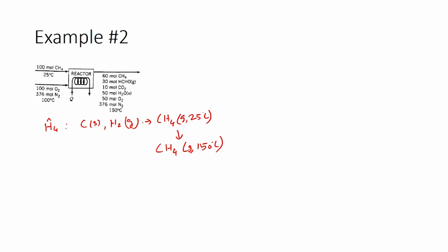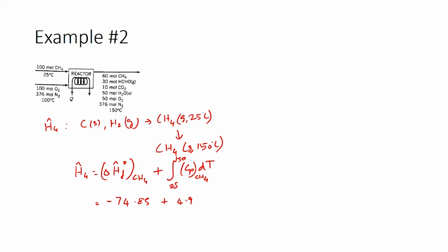The first one is the heat of formation, and the second step is the heating of methane from 25 to 150. Your H4 cap basically has the standard heat of formation for methane as the first step, plus integral Cp dT, where you use Cp of methane gas and heat it from 25 to 150. So, using the Cp value from the table and the heat of formation, you would have minus 74.85 plus 4.9, giving you H4 cap as minus 69.95 kilojoules per mole.